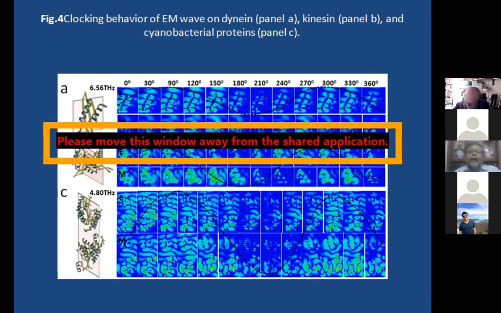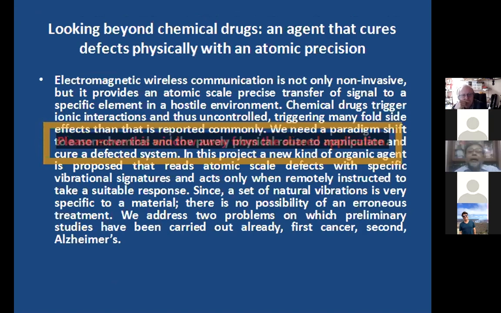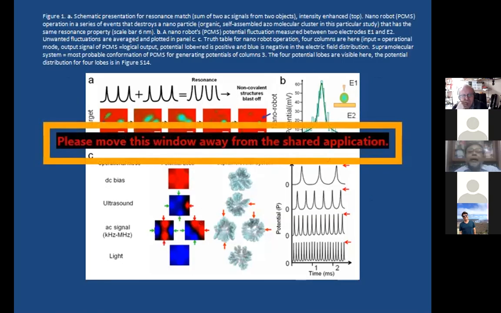Beyond chemical drugs, there are agents that cure defects physically with atomic precision. In the case of cancer or Alzheimer's, these two papers are published in the Royal Society of Chemistry's PCCP, and Current Medicinal, Tropical Medicine. I do not have time, but these are the resonance and all this.